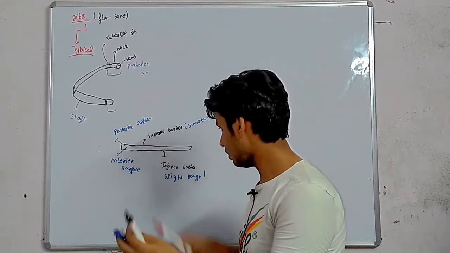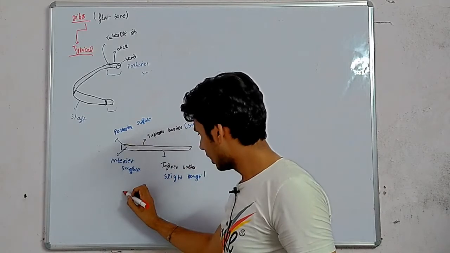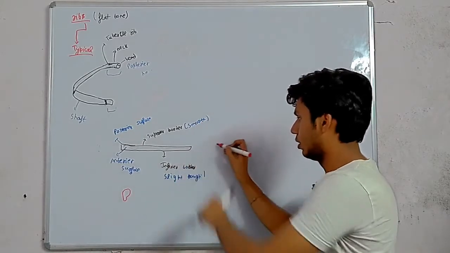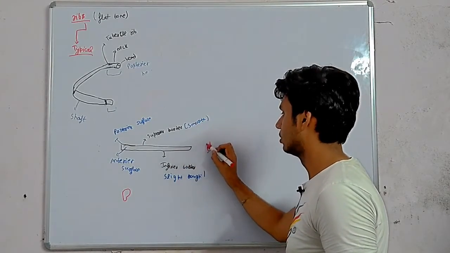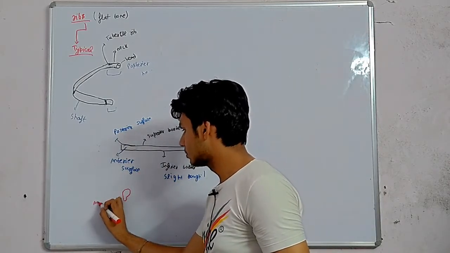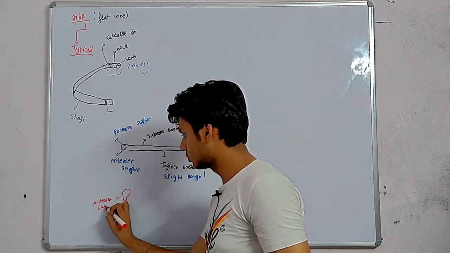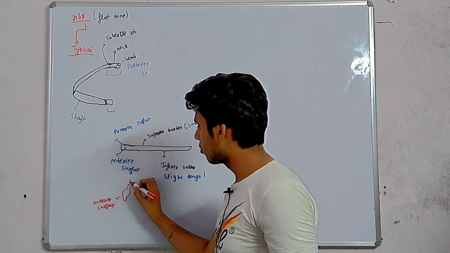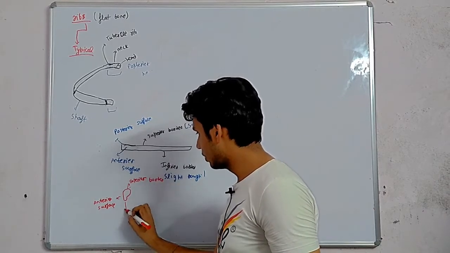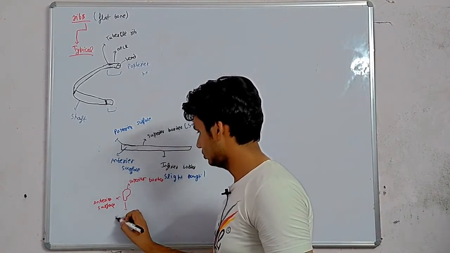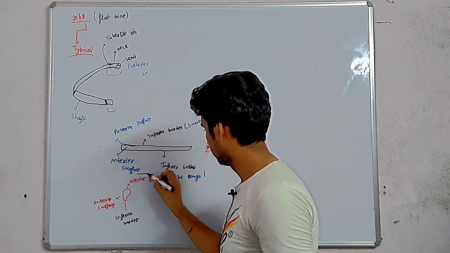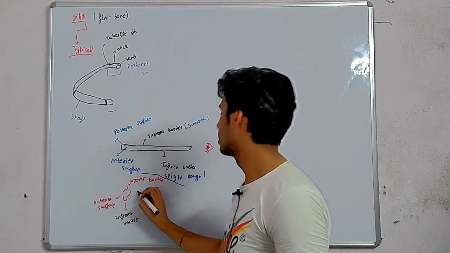small groove like this. If we take this section and see from this side, so this is the anterior surface, superior border, inferior border, and posterior border.